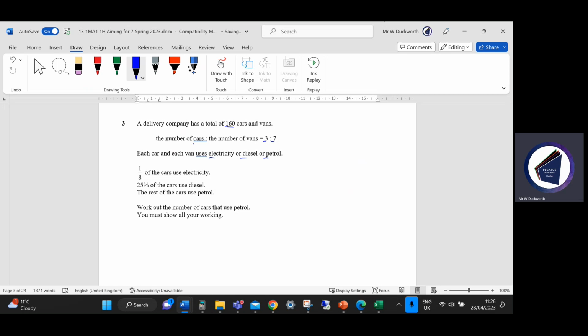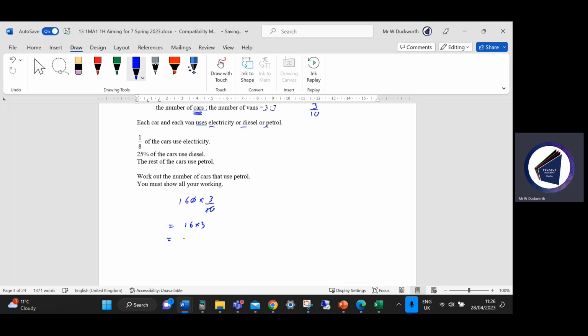I'm only interested in cars for this. 3/10 of the vehicles are cars, so 160 times 3/10 is equivalent to 16 times 3. So we're going to have a total of 48 cars.